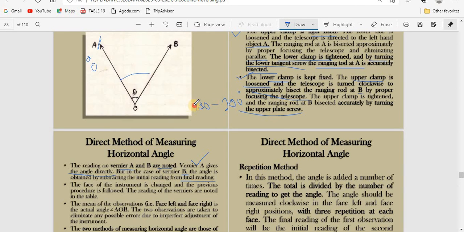In case of vernier A, you get the angle directly because it starts from 0, but B does not start from 0, it starts from 180 degrees. So you have to subtract the initial reading from the final reading: 200 minus 180 will give you your angle at vernier B. This is how the vernier B angle can be calculated.